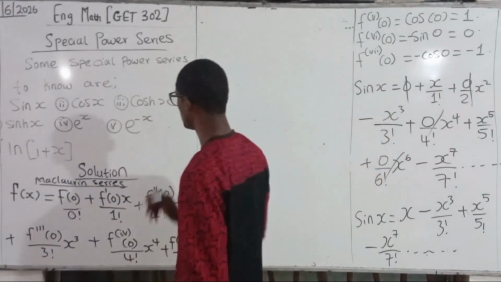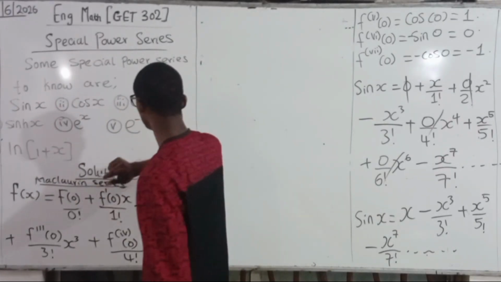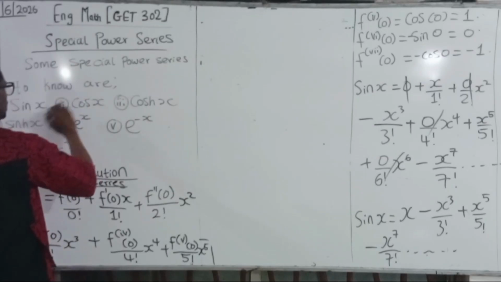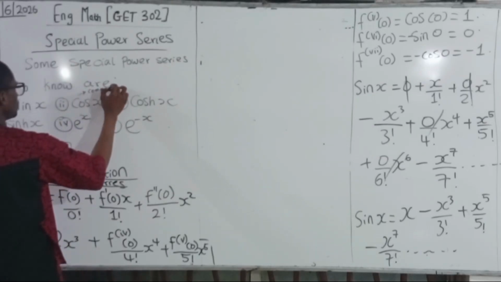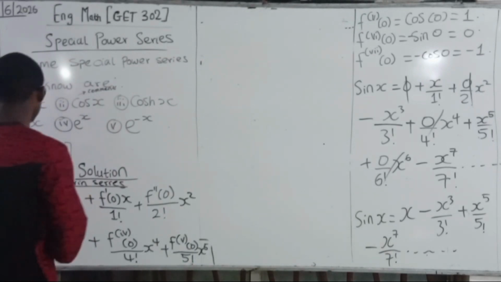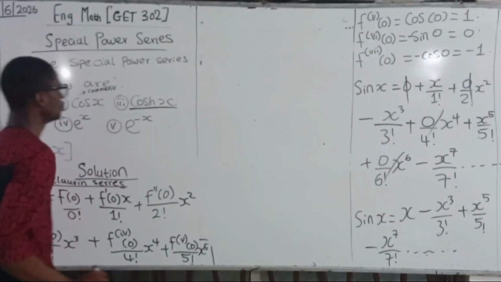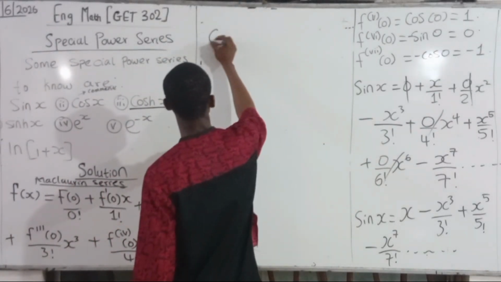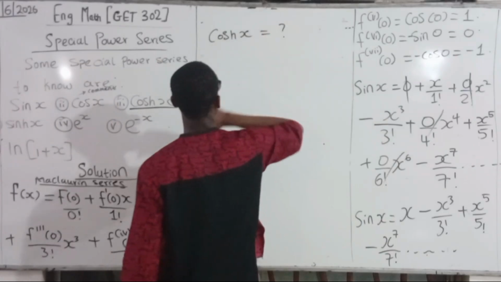But let us see another one. Since we did sine and we left cos, this cos is to be posted in the comment section. So let us do cosh now and leave sinh for you to do. So for cosh x, we're looking for the power series.